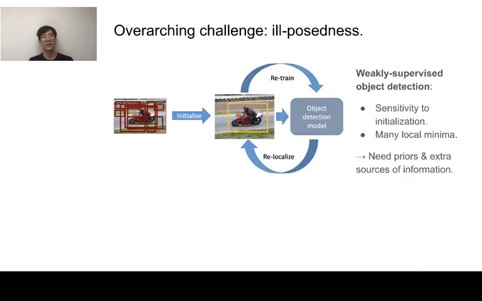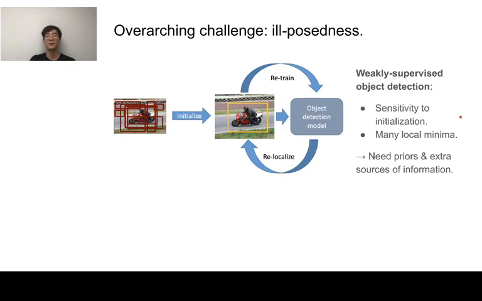And the overarching challenge for weak supervision in this tutorial was the ill-posedness of the problem, and how to resolve it. For weakly supervised object detection, we worked under this framework of alternating between fixing the locations and then training the classifier.